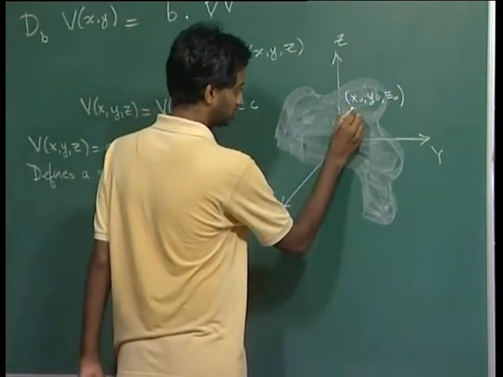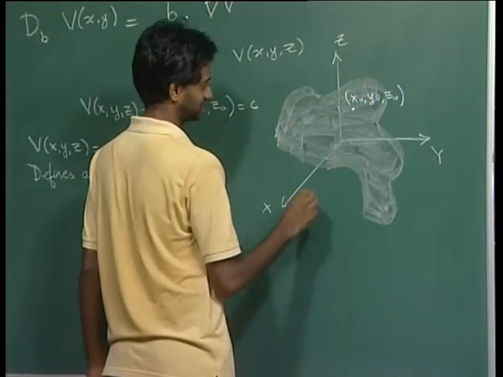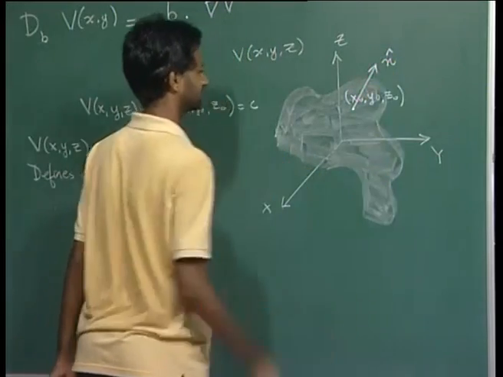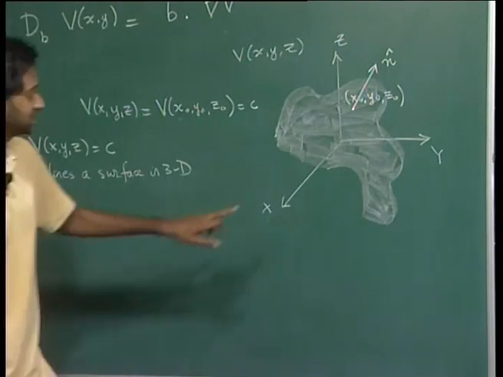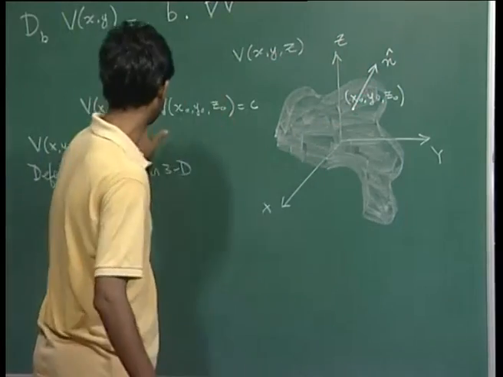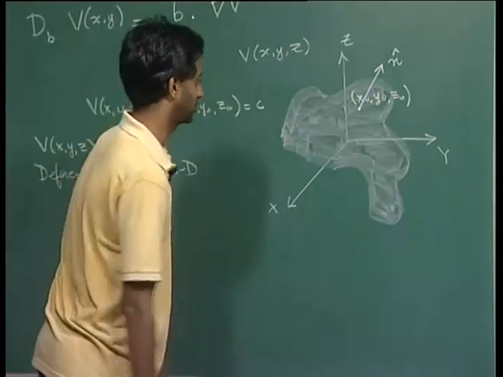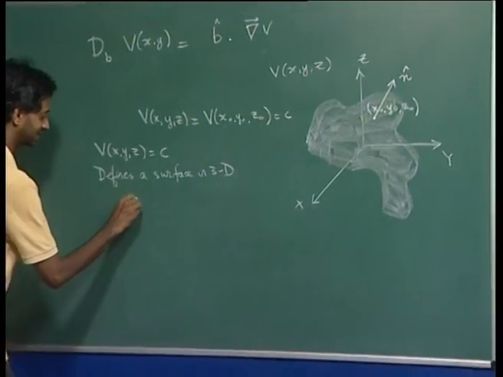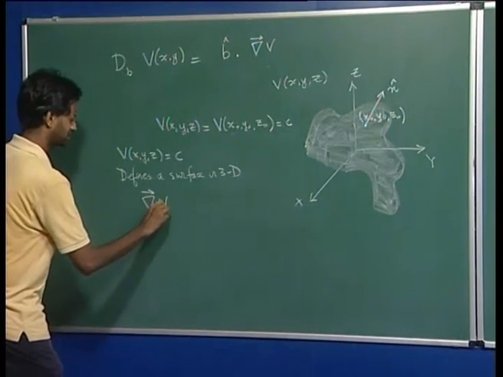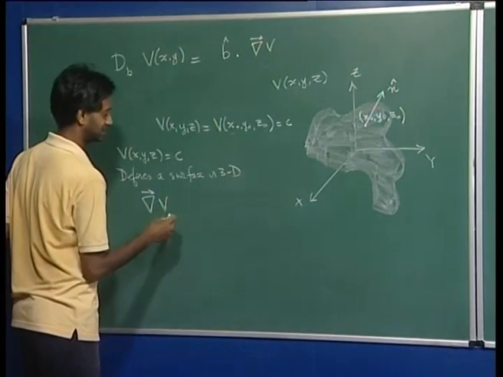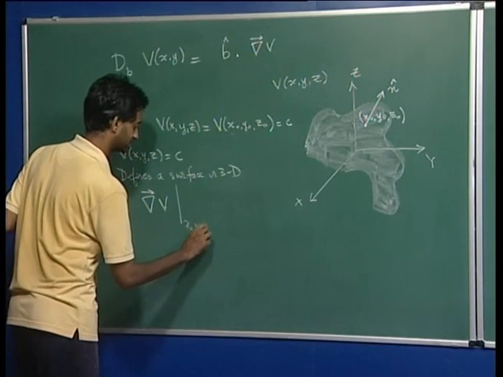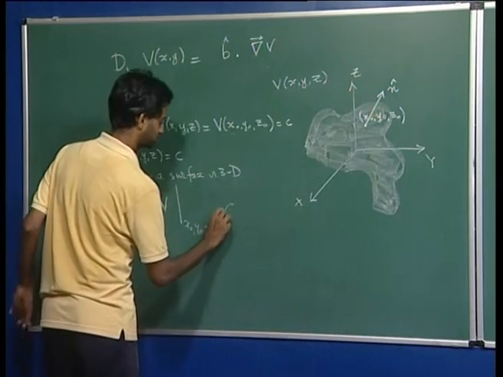Now, you look at the surface at the point x0, y0, z0 and you draw a normal. So, this is the normal to this surface at the point x0, y0, z0. And you can show that the gradient of V evaluated at this point x0, y0, z0 is proportional to n.